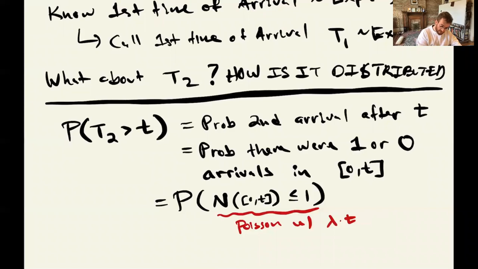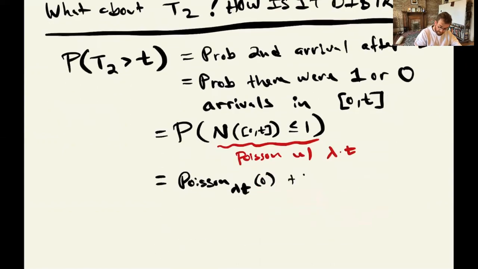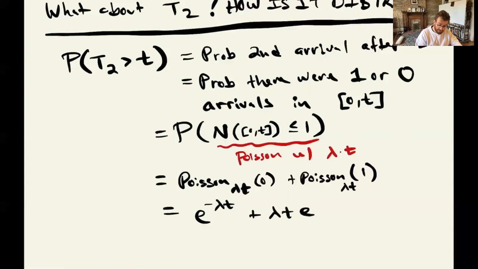So what I need to ask for now is what's the probability that this Poisson random variable equals 0 or equals 1? So this now equals Poisson lambda t of 0 plus Poisson lambda t of 1, which is the same thing as e to the minus lambda t plus lambda t e to the minus lambda t.